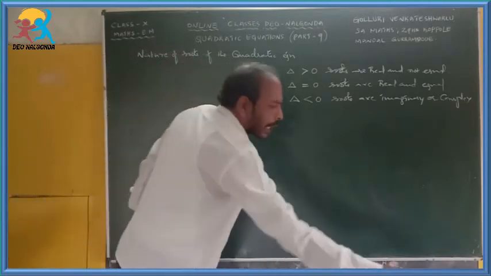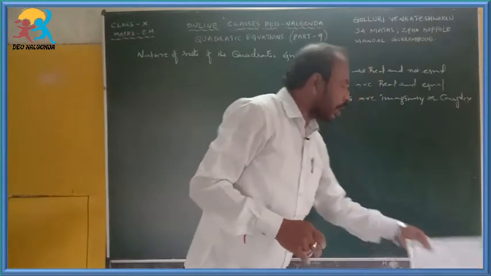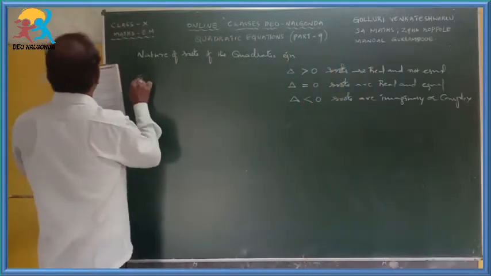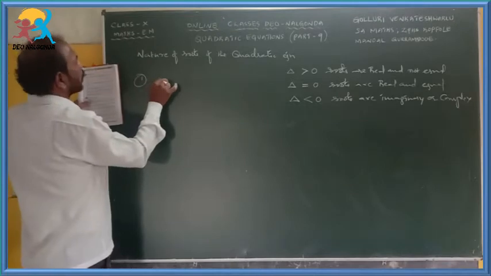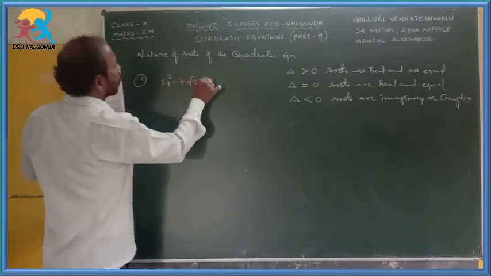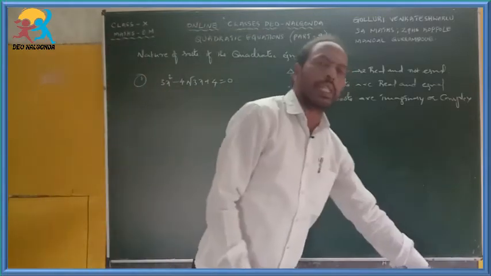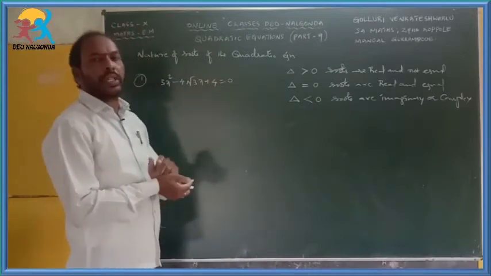Whereas in the second case, for example, here in this first example, 3x square minus 4 root 3x plus 4 is equal to 0. We need to say the nature of roots of the equation.